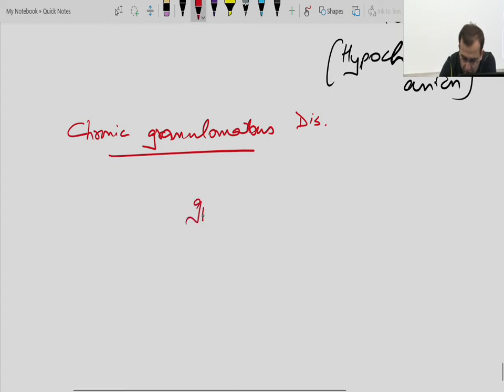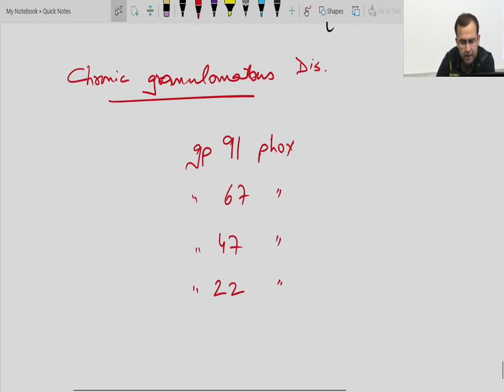However, the pathologically important ones are 4: GP91 phox, 67 phox, 47 phox and 22 phox. It's nothing, it's just the names of the proteins.